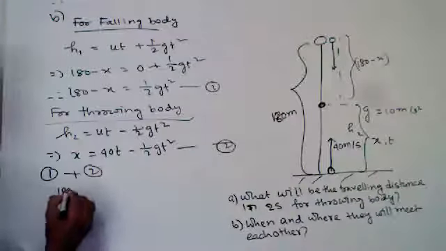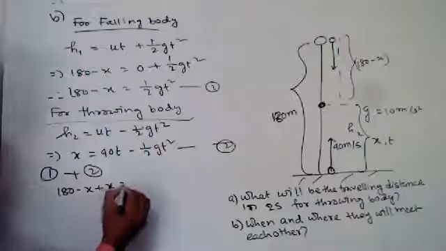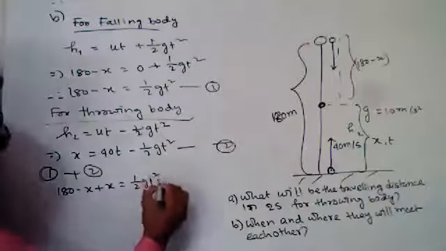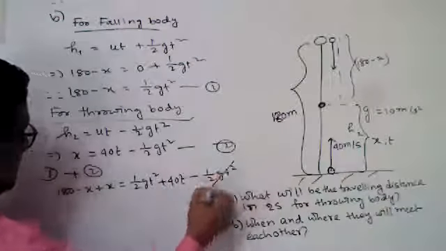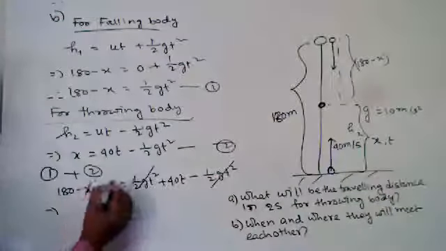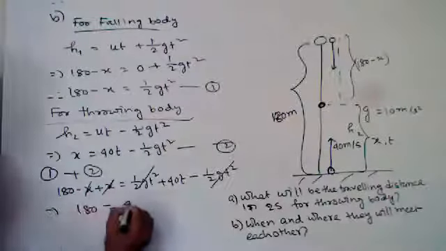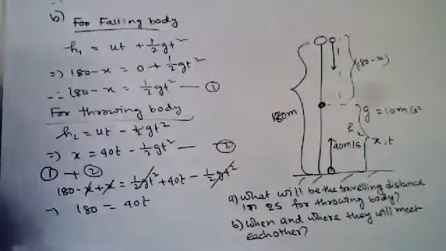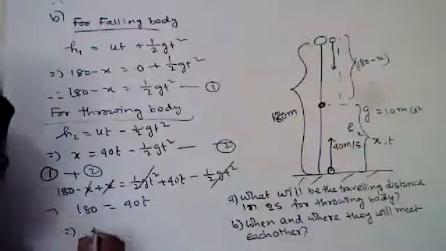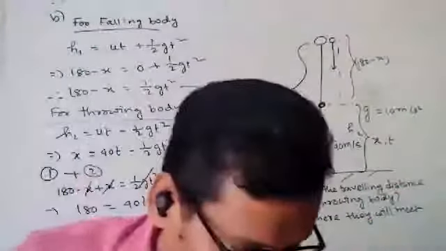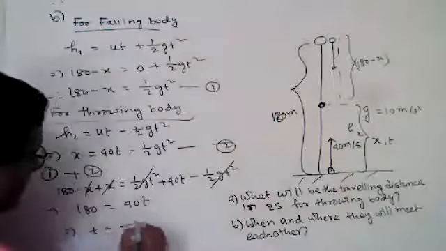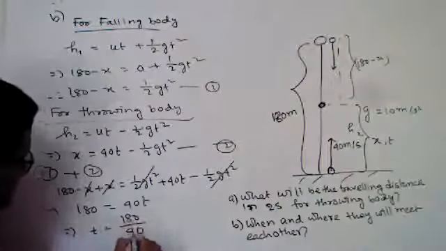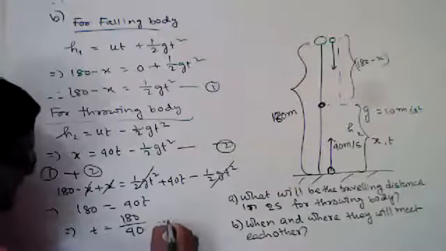So 180 minus x plus x equals half gt square plus 40t minus half of gt square. This is the step. So 180 equals 40t. So t will be equal to 180 by 40.